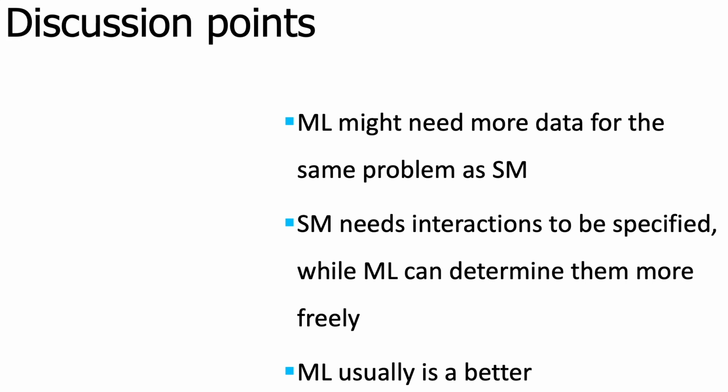The final bullet was that machine learning usually is a better option when we want just a number. If someone wants us to give a number and is not interested in any kind of uncertainty estimates, then going for a statistical model might be just a waste of time.